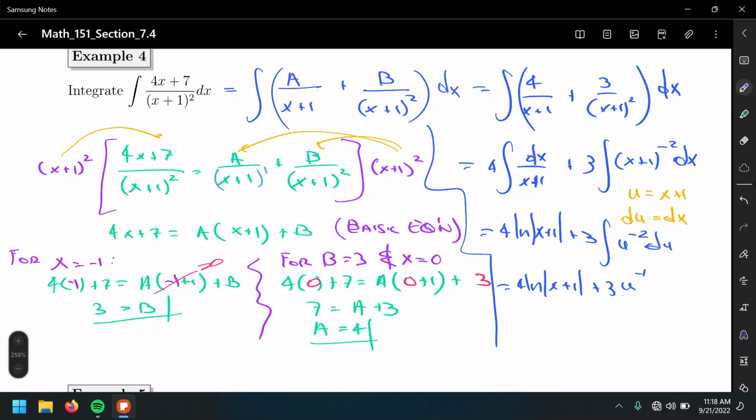So that's u to the negative 1 over negative 1 plus c. And I'm going to do a couple of things here. Number 1, I'm going to fix the negative exponent and multiply the signs, and also back substitute for u. That's going to be 4 ln x plus 1 plus 3, or actually minus 3 over x plus 1 plus c.